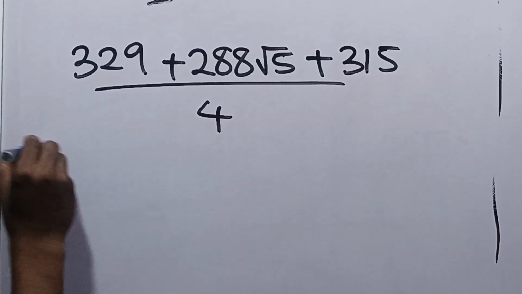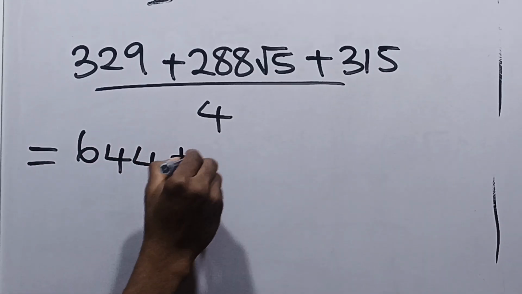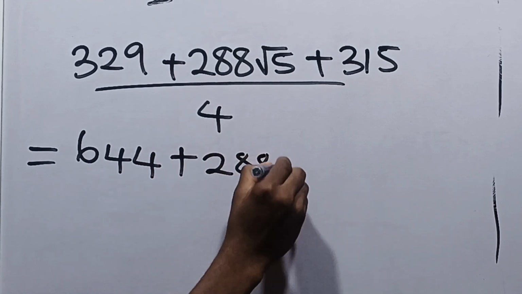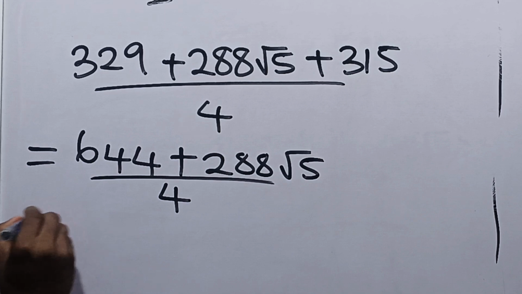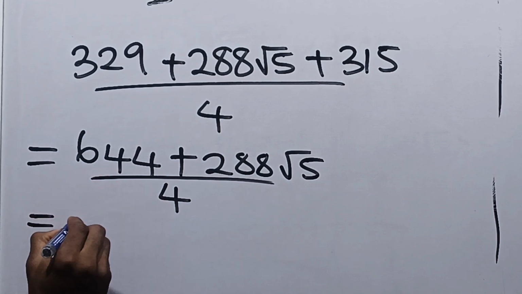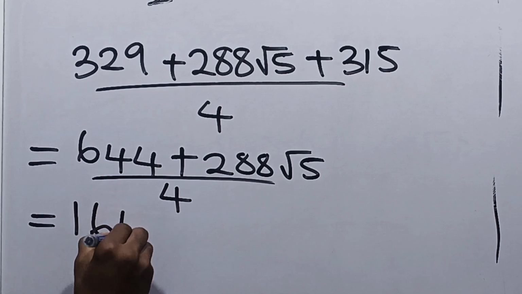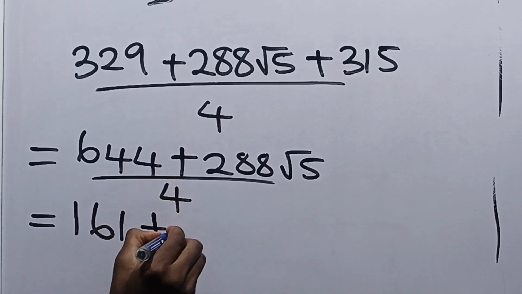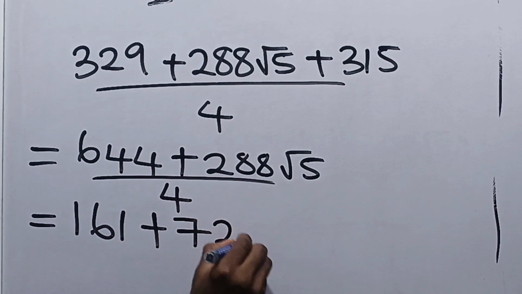Now this is equal to 644 plus 288 root 5 divided by 4. This is now equal to 644 divided by 4 is 161, plus 288 divided by 4 is 72 root 5.